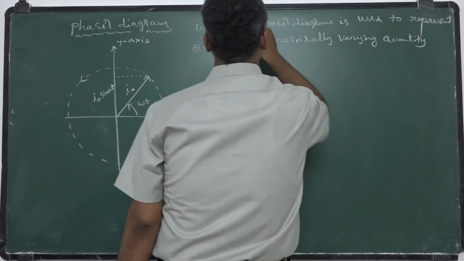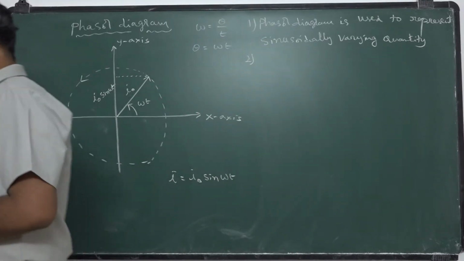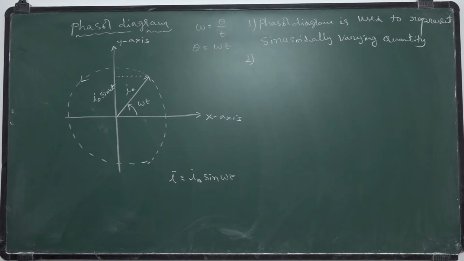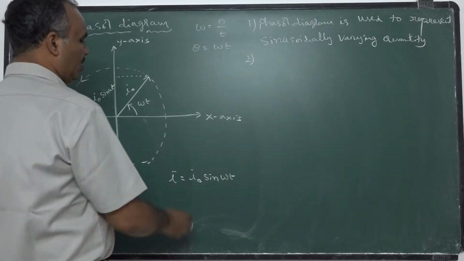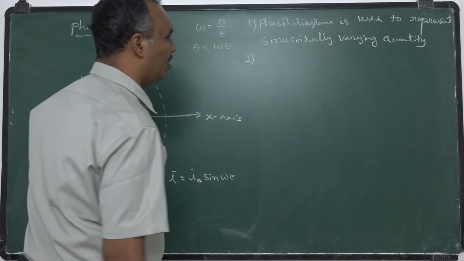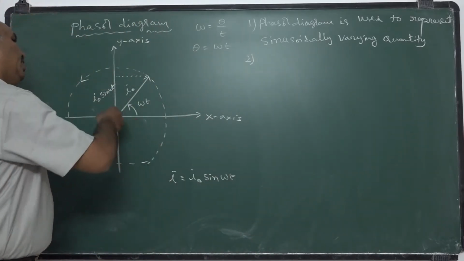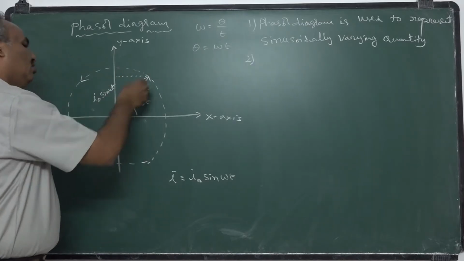The second point, the oscillating quantity is represented as phasor. Oscillating means varying. Here current is varying with respect to time. Hence the maximum value of the current is represented as the radius of this circle.